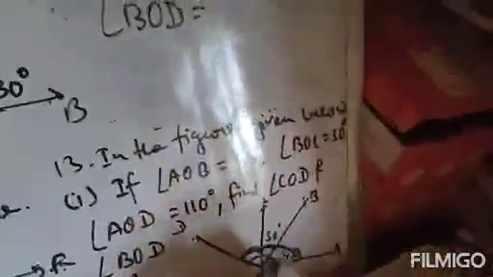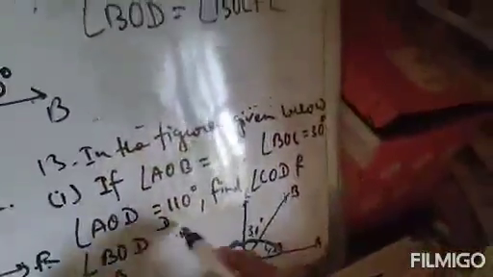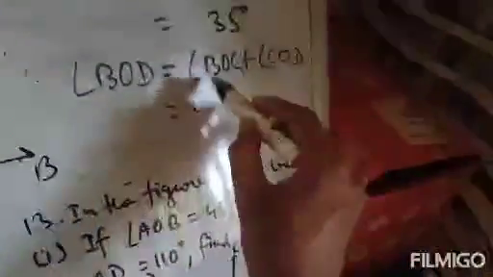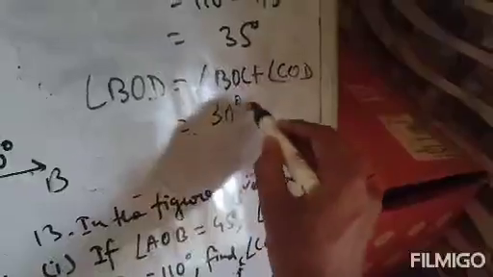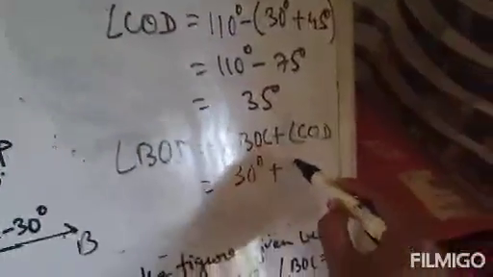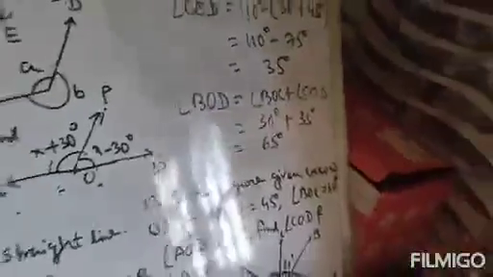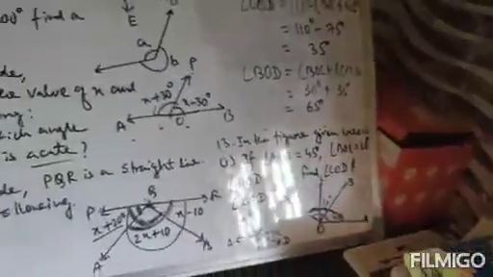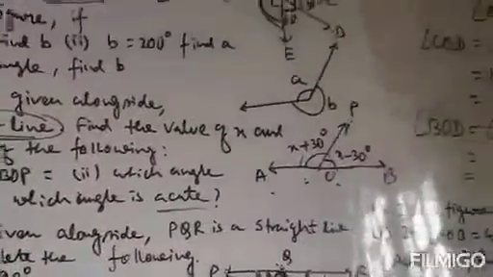BOC is given as 30 degrees, and COD we found is 35 degrees. So 30 plus 35, 65 degrees is the answer. Clear? So that's the solution. Question number 13, part 1 is complete.